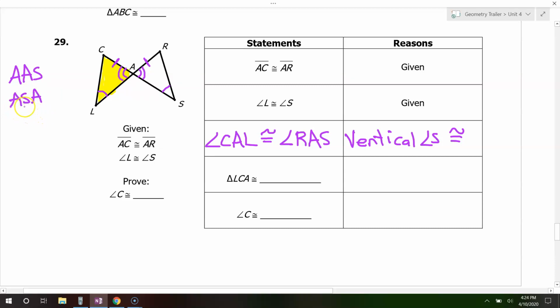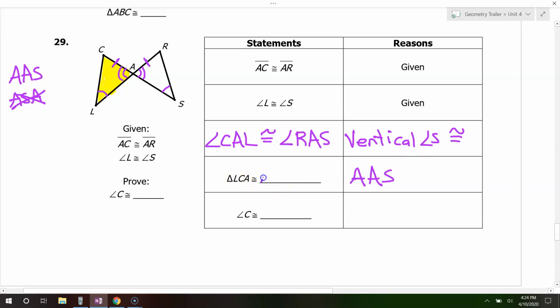It will only be angle, side, angle if the side is between the two angles. Well, this side is not between the two angles. This right here is the side that's between the two angles. So, since the side is not between the two angles, it can't be angle, side, angle. It must be angle, angle, side.